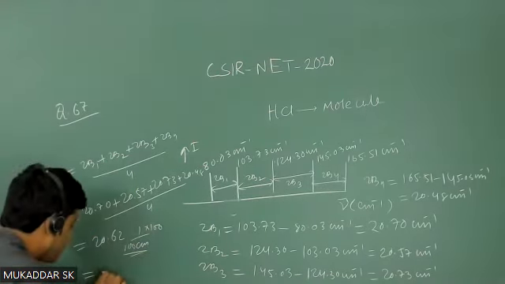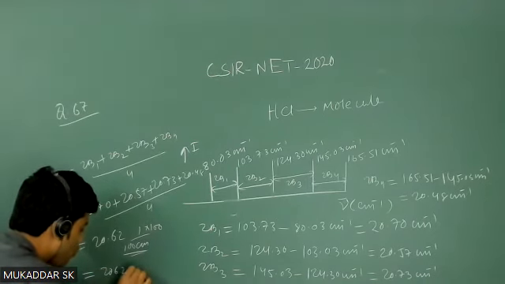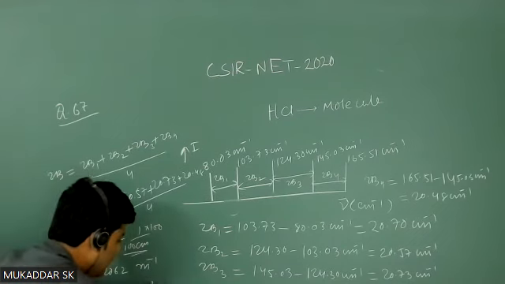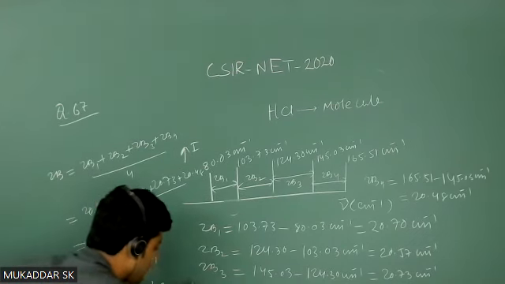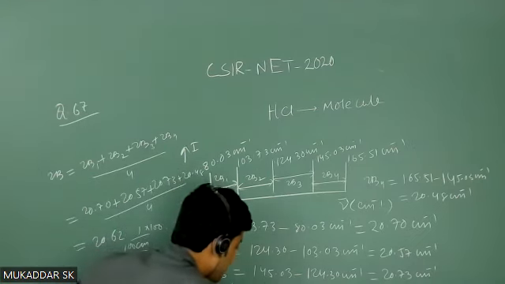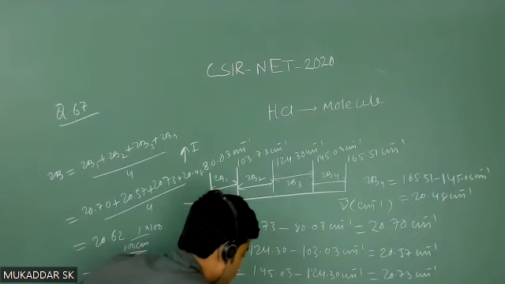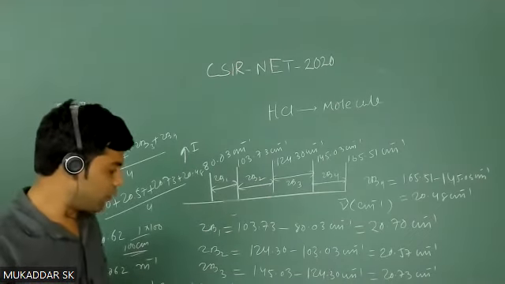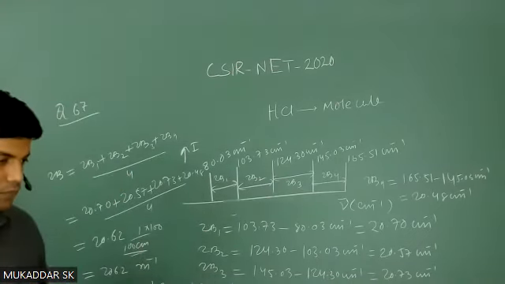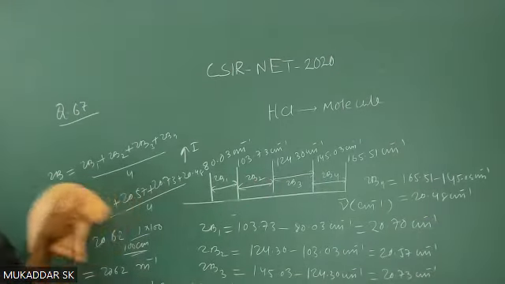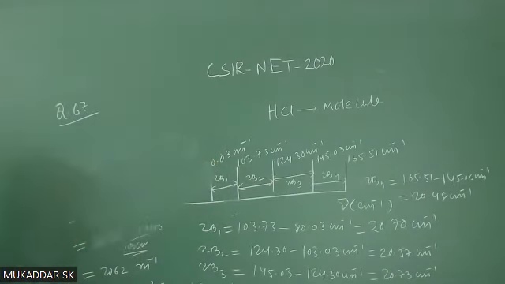So in meter inverse, it will be basically 2062 meter inverse, which implies that B will be 1031 meter inverse, and that is nothing but h by 8 pi square I c, that we know. So we have obtained the value of B, and we know the expression for the rotational constant B. Now everything is known; the only unknown quantity is the moment of inertia, which we can evaluate now.